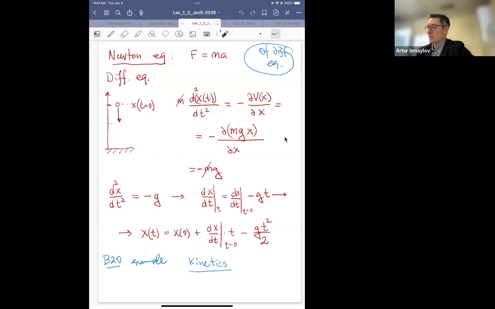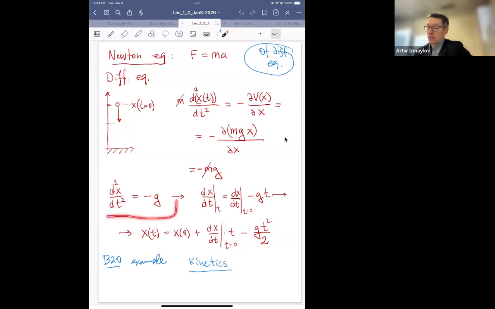The trajectory of the particle goes along the gravity, trying to reduce the height, because x goes up. We know that if we release the particle, it goes down. That's why acceleration is minus g. g is positive, 9.8 meters per second squared.